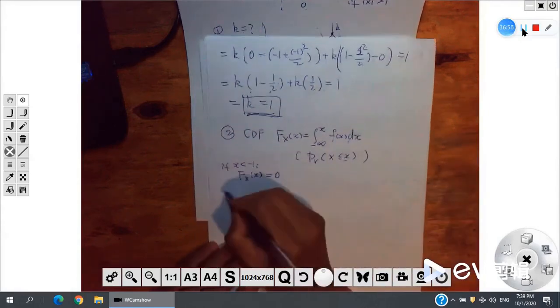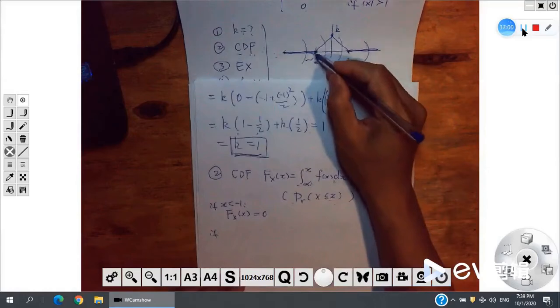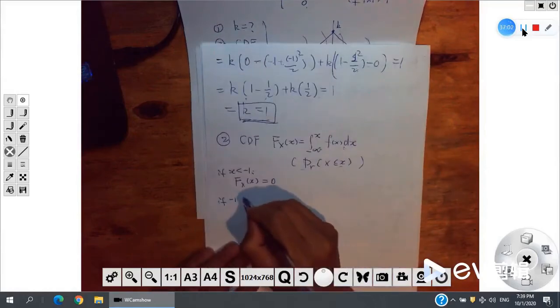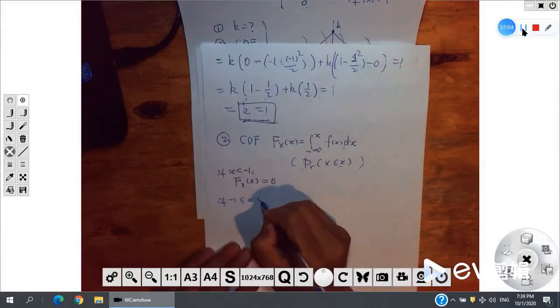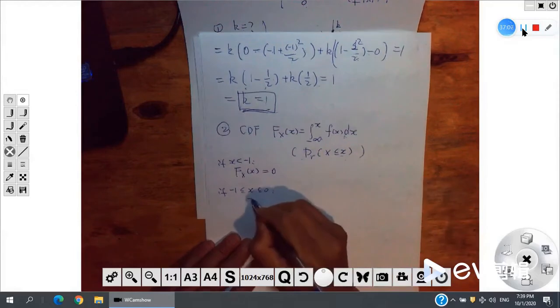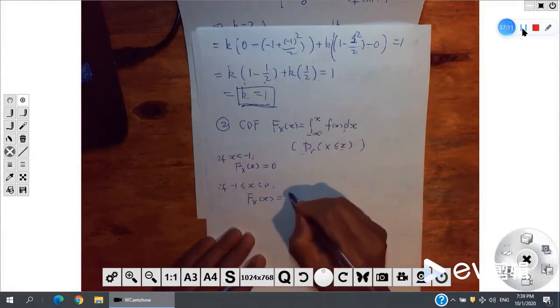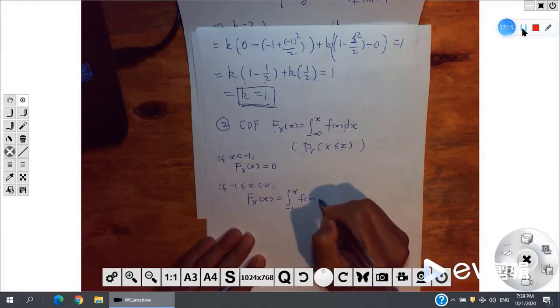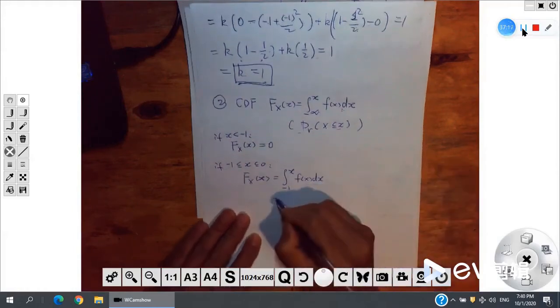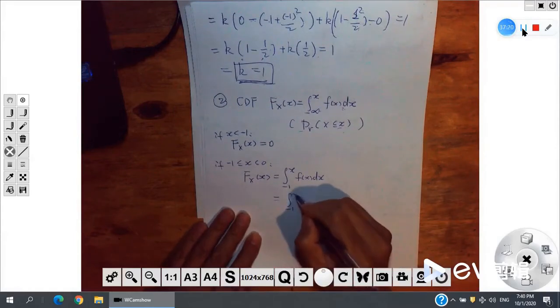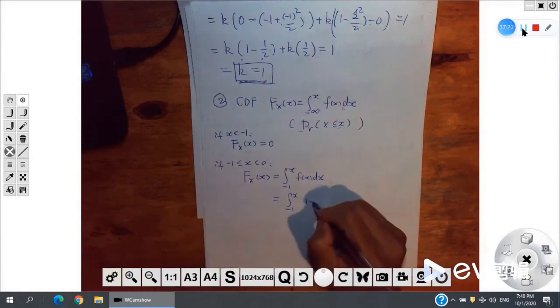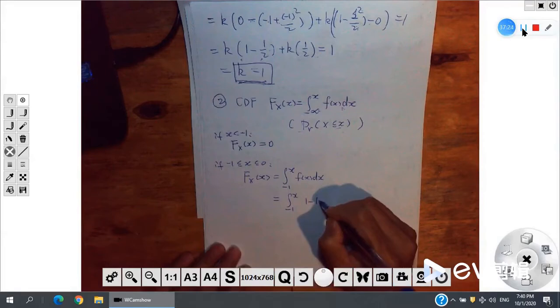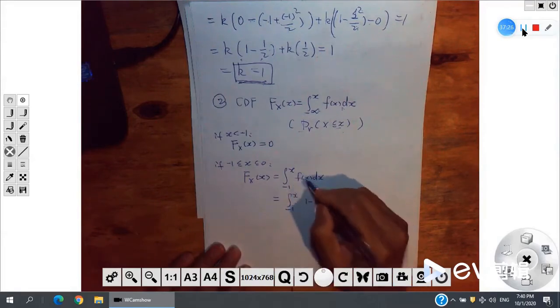Okay, and if x is between negative 1 and 0, then F capital X of x will be the integral from negative 1 to x of f(x) dx. So this is an integral. Here's 1 minus absolute value of x, or f2x. They're confusing, so I use x tilde here.